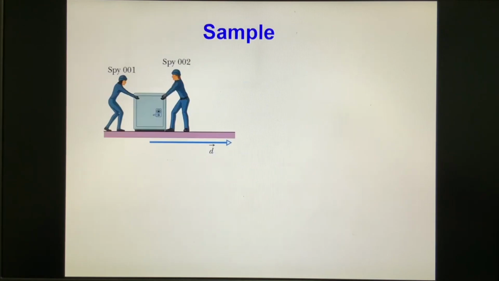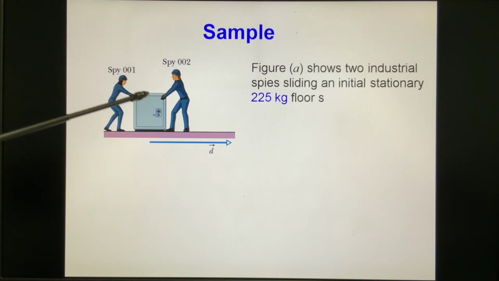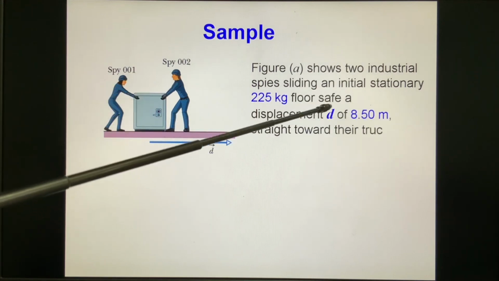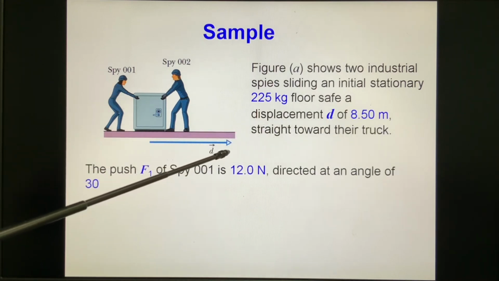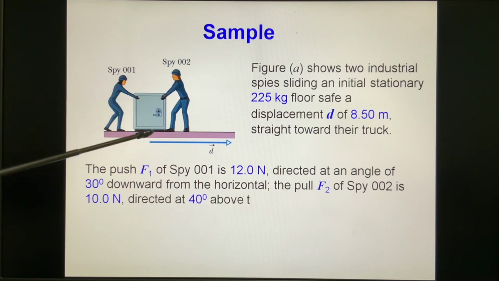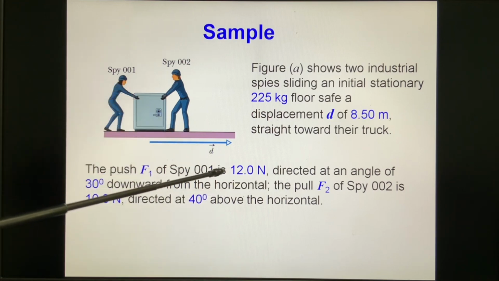Sample. Figure A shows two industrial spies sliding an initially stationary 205 kilogram floor safe a displacement d of 8.50 meters, straight toward their truck. The push F1 of spy 001 is 12.0 Newtons, directed at an angle of 30 degrees downward from the horizontal.